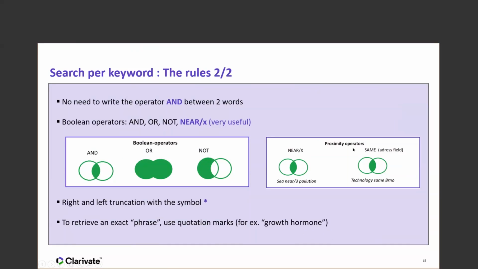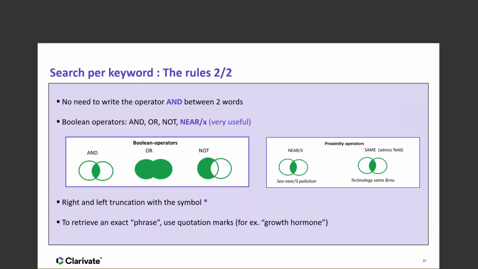One that we use for the address field, that is same, and the other one that is near, that we're not going to see this week. For that, it's better to relate to perhaps one of the sessions in Spanish or to the online help that will explain how we can use those proximity operators.